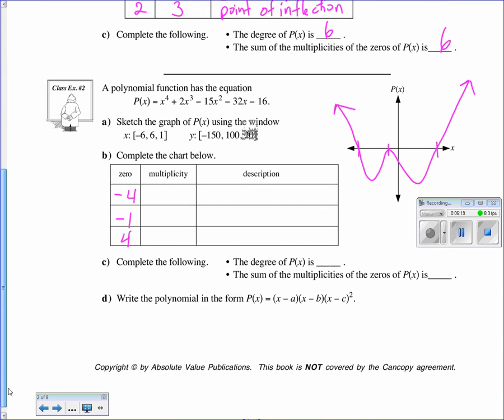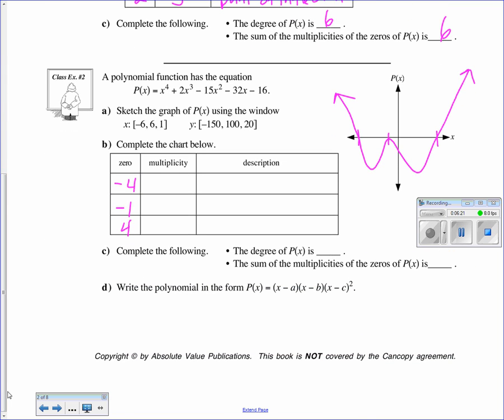Slide back down. And now I'm looking at my multiplicity. At -4, that's a multiplicity of 1. It just slid through the graph or cut the x-axis one time. At -1, I have a multiplicity of 2. I've got that idea of a local max, which can also be referred to as being tangent to the x-axis.